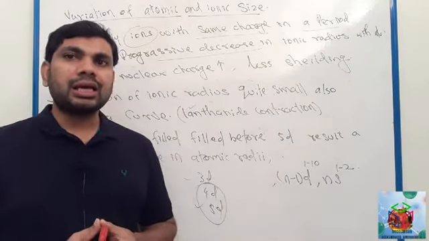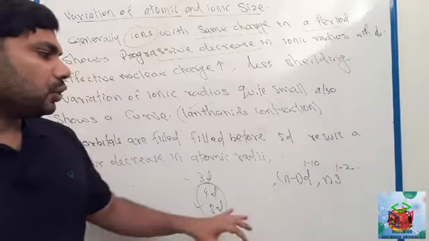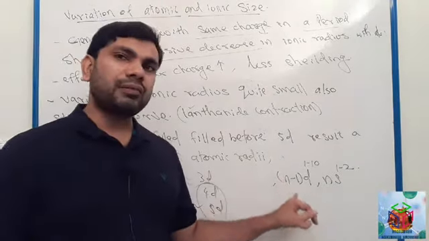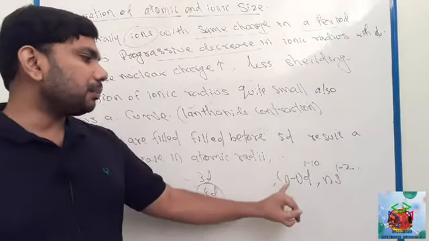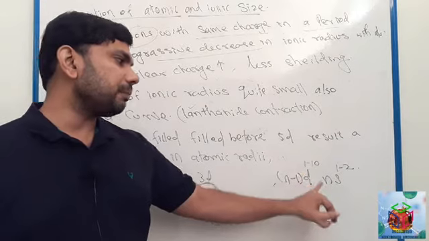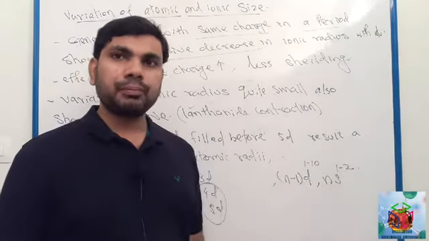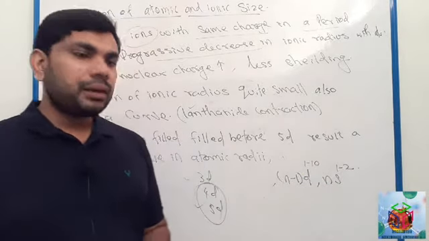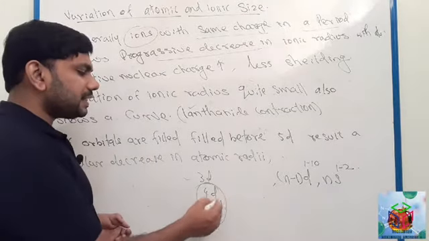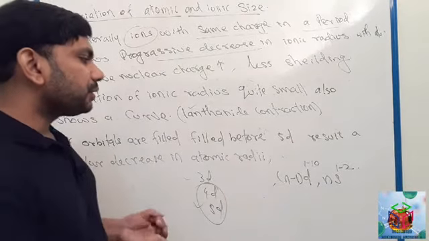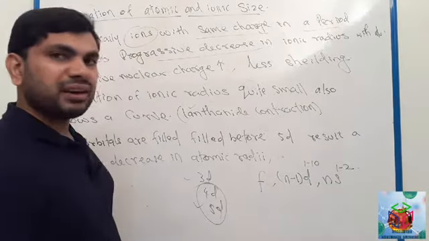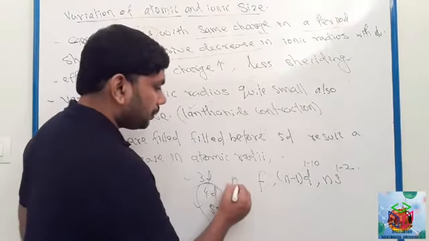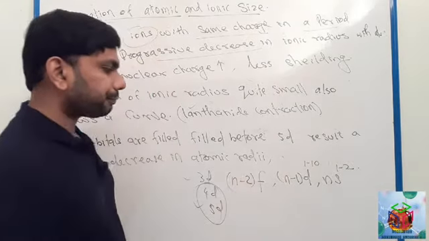Lanthanide contraction means, we know the general electronic configuration of d block elements is (n-1)d 1 to 10, ns 1 to 2. But in the 4d series and 5d series there will be f block, (n-2)f.